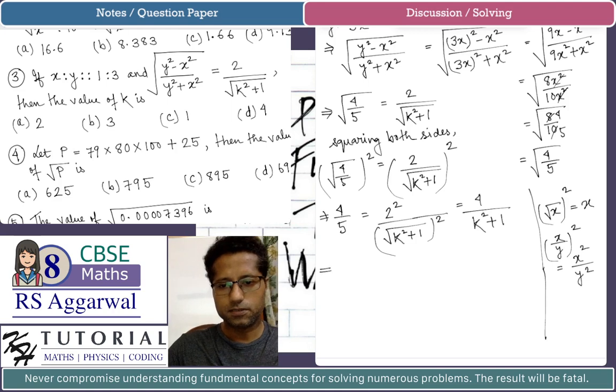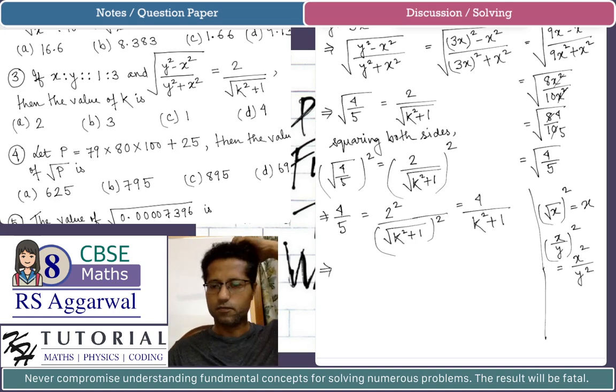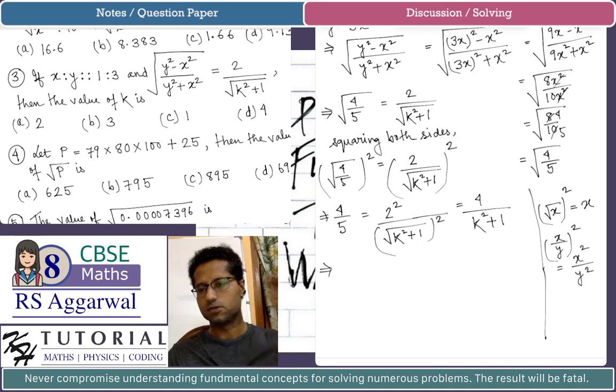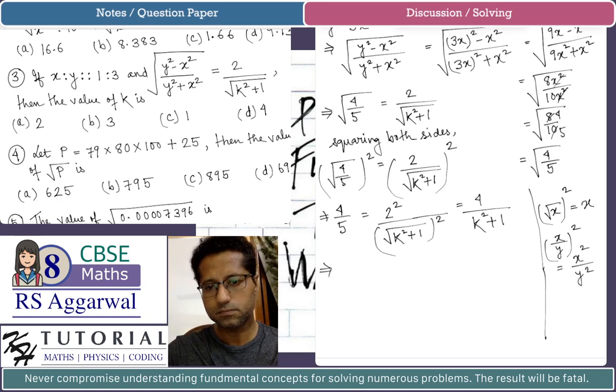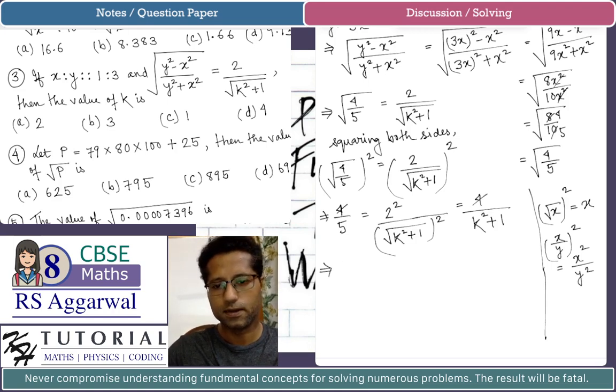So you can cancel 4 from both sides. The left hand side is 4 by 5 and the right hand side is 4 by k² plus 1. So you can cancel 4 and we get 1 by 5 is equal to 1 by k² plus 1.